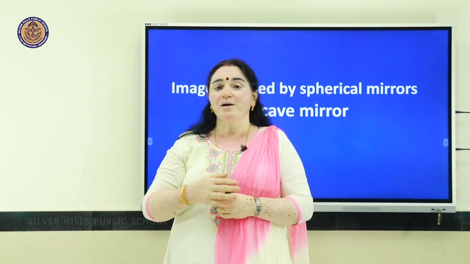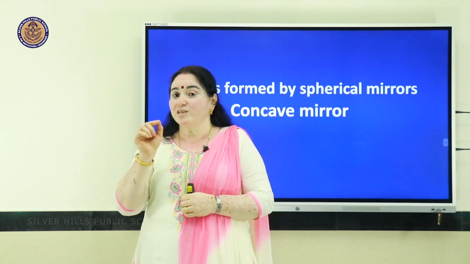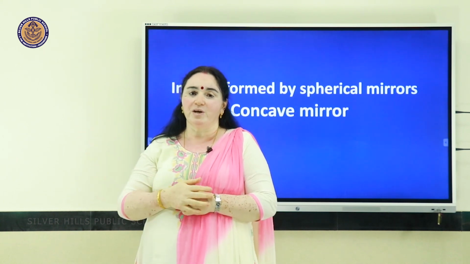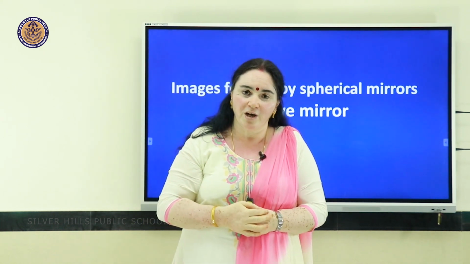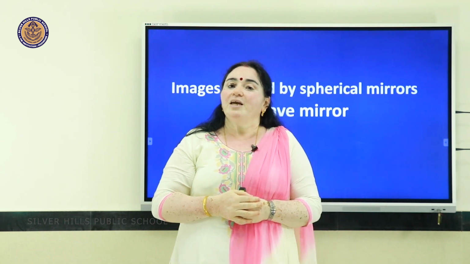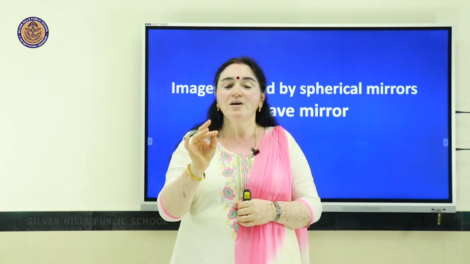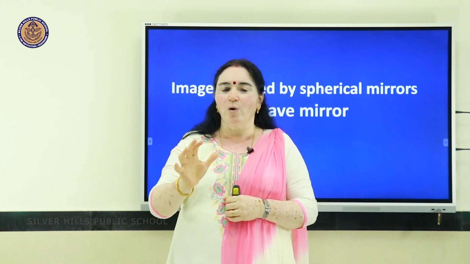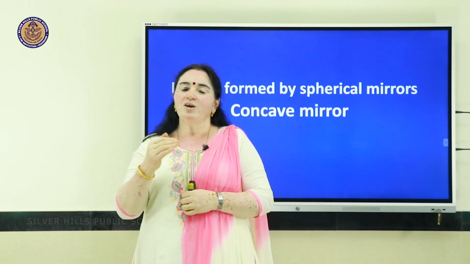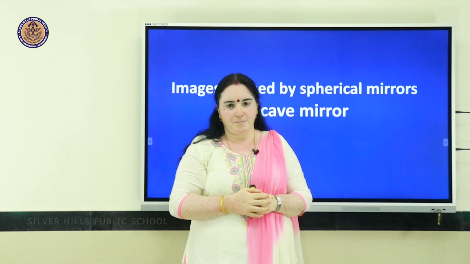So obviously knowing about the parameters, the different positions and the different features of a mirror, importantly, we should come to know the focus, the radius of curvature, center of curvature, and beyond are the positions at which we are going to keep our objects.